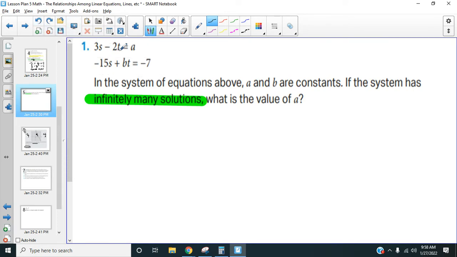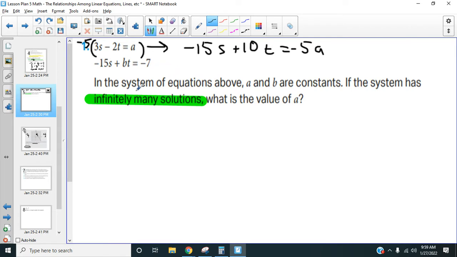All right, so one thing you could do is multiply the top by -5. So let's do that real quick. It would say -15s plus 10t equals -5a.